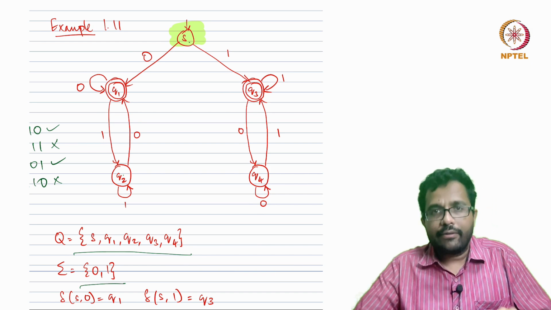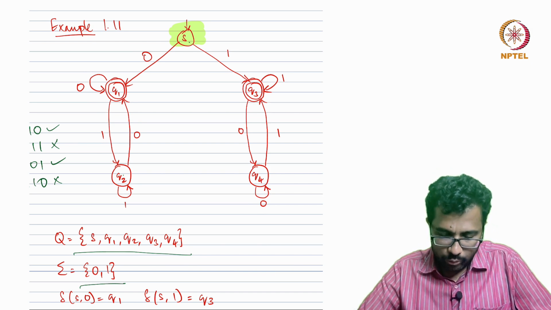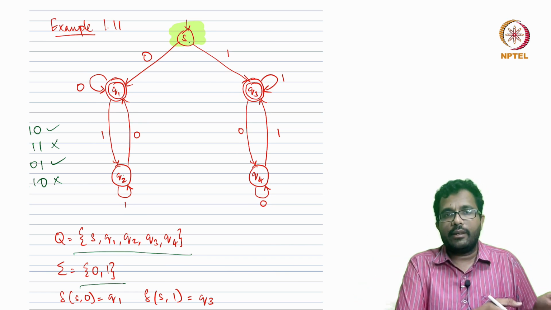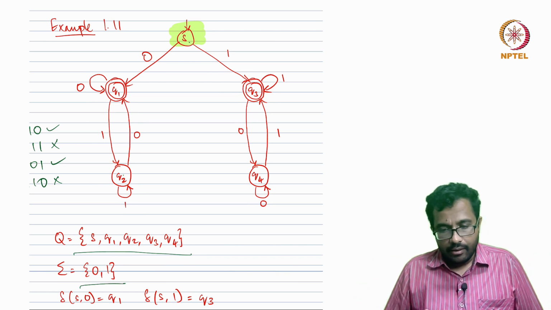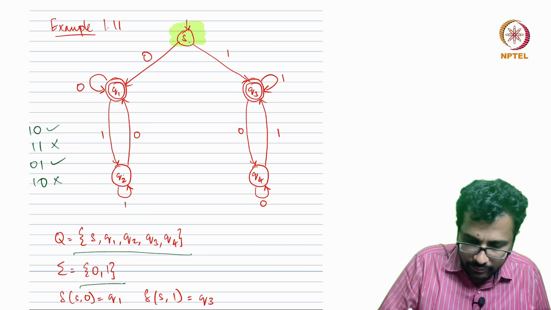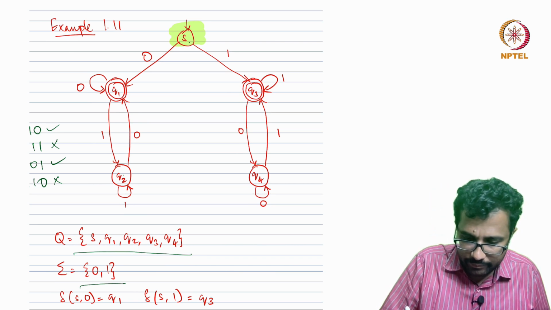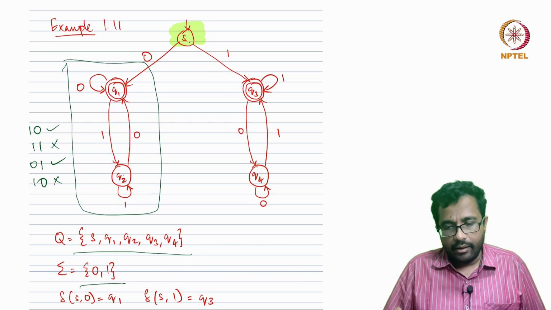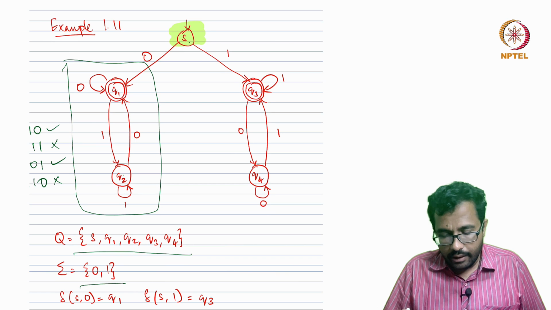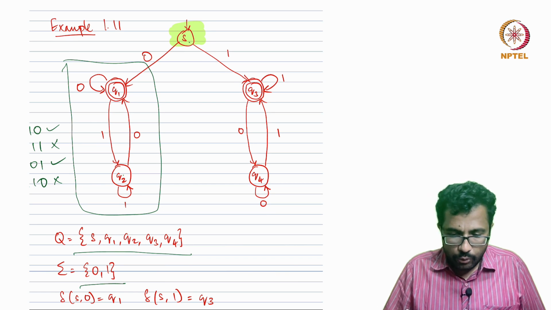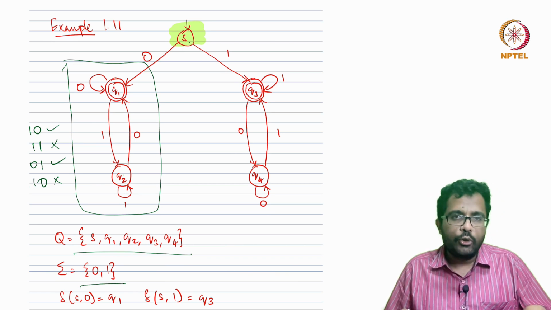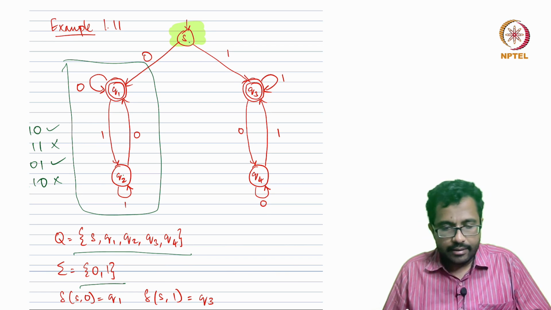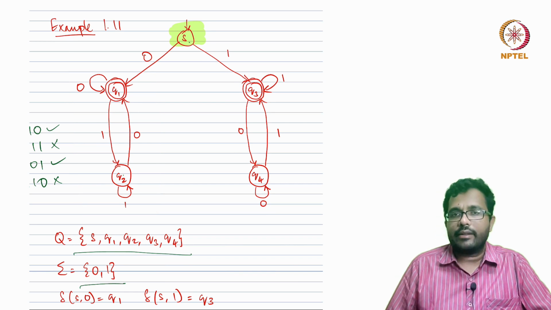So now you may have understood what is going on. The first symbol decides whether you move to the left part or the right part. By the left part I mean this part over here. Then you go to Q1 if the last symbol seen is 0, or Q2 if the last symbol seen is 1.